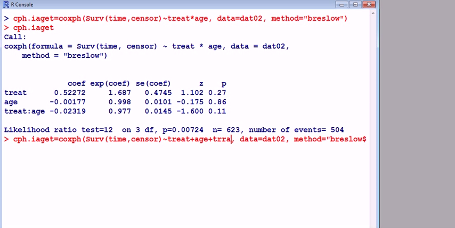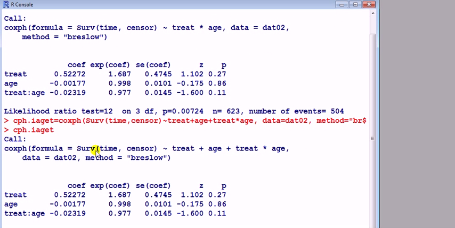So treat times age times treat, it doesn't matter. Likewise, it doesn't matter which way around we have these two, age plus treat or treat plus age. Try it. Okay, you see exactly the same.